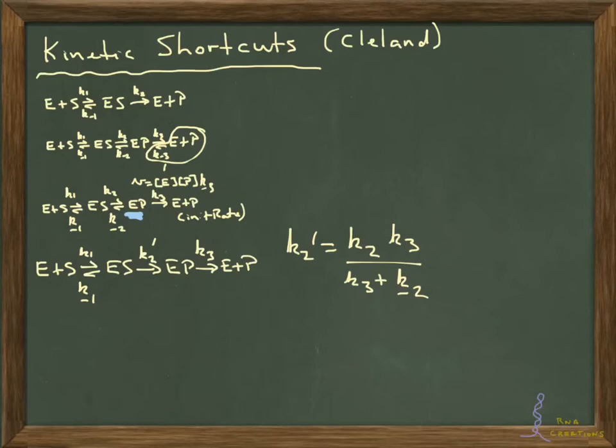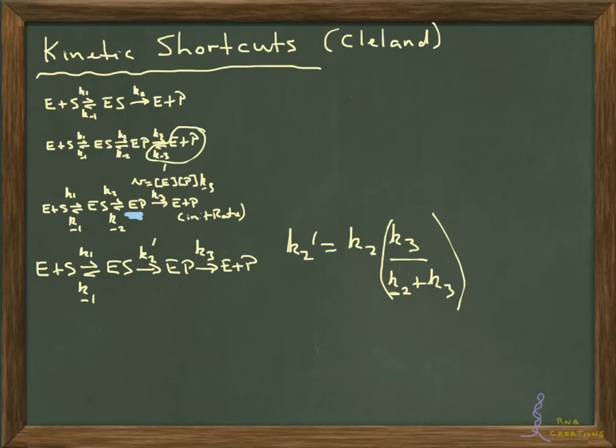It might be better if I wrote the same math a little differently. In other words, k2 prime is equal to k2 times the likelihood of going forward. That term in parentheses could never be bigger than 1 because of the way it's written. Those numbers are positive, so it's a number divided by the same number plus something else. The biggest it could be is 1, and it could be less than 1. And that's what k2 prime is. This is where the shortcuts come from.